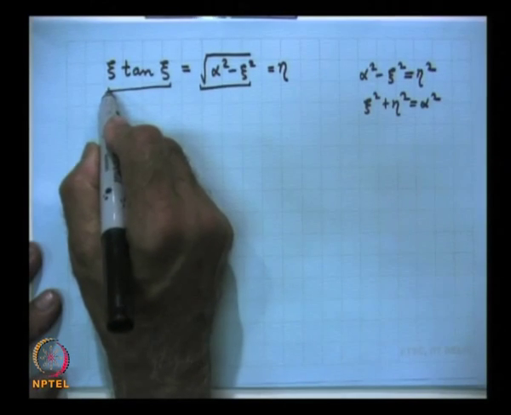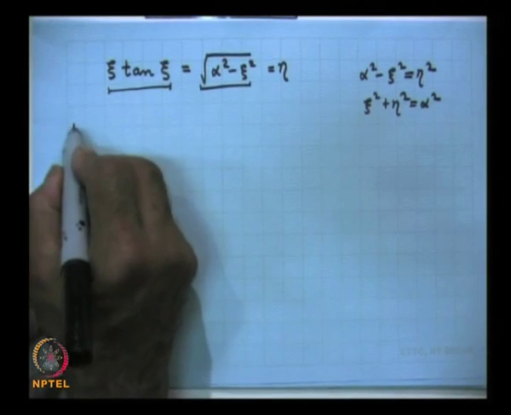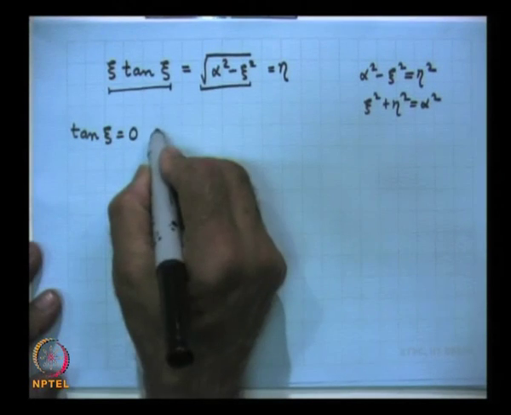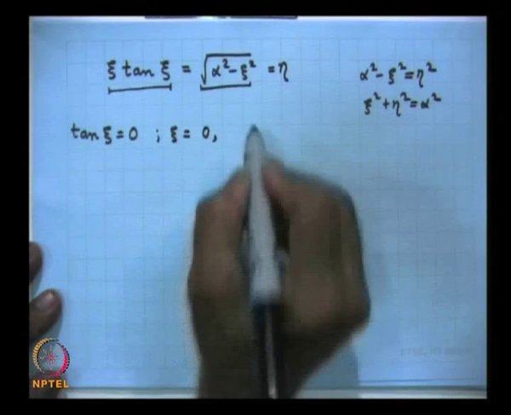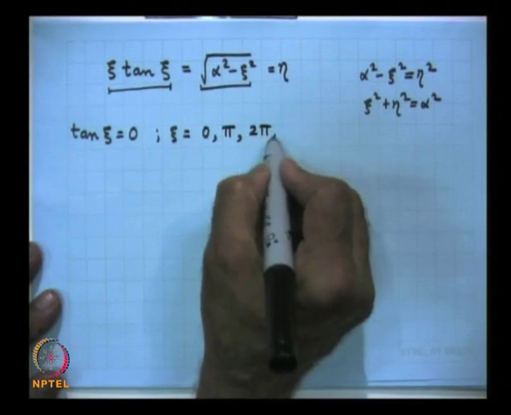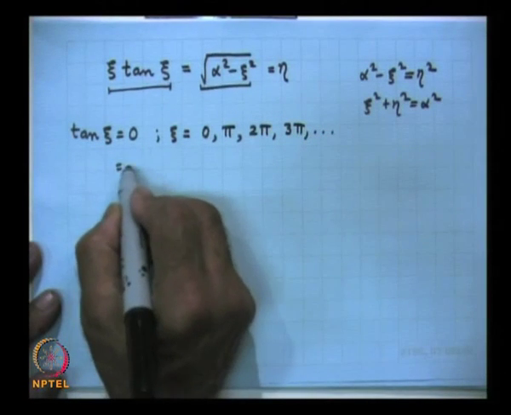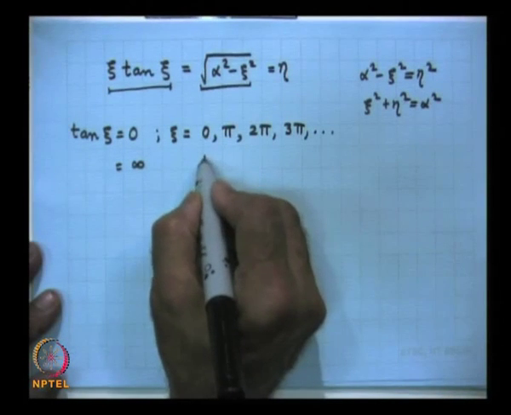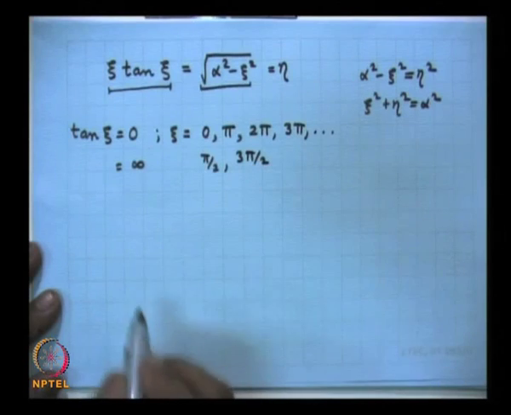Now, the left hand side, as you know, tan xi is equal to 0 for xi is equal to 0, pi, 2 pi and 3 pi, and tan xi is equal to infinity, actually plus or minus infinity, at pi by 2, 3 pi by 2 and so on.